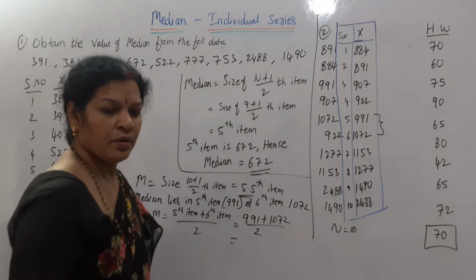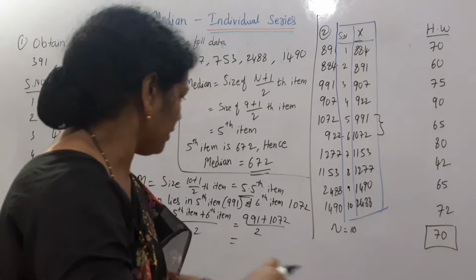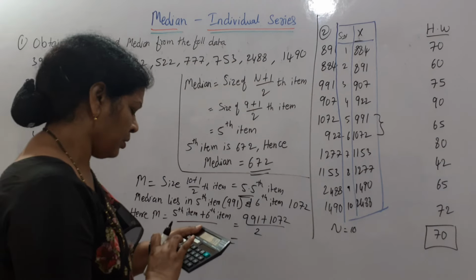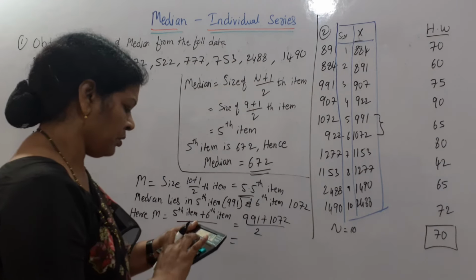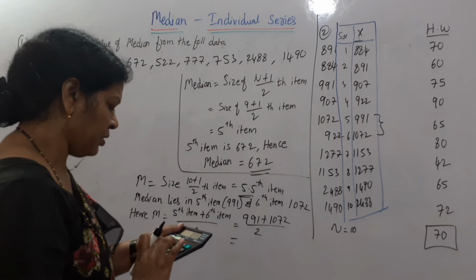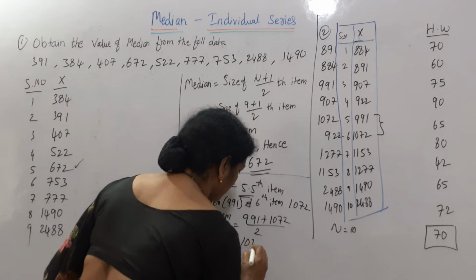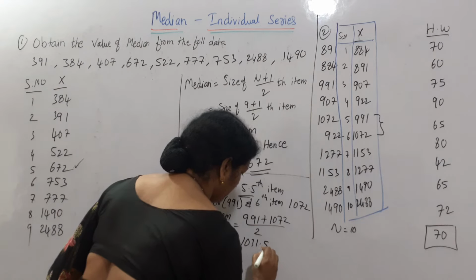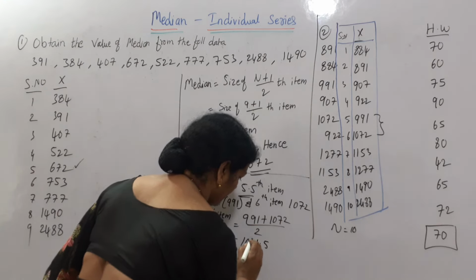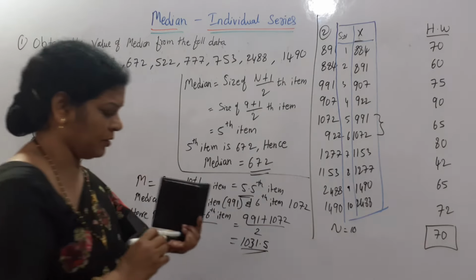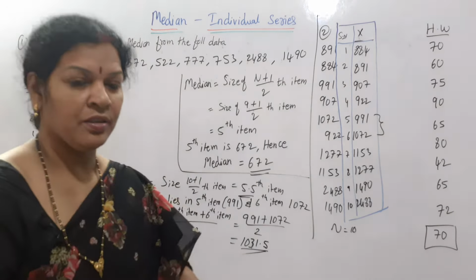We will use the calculator. 991 plus 1072 divided by 2. It is 1031.5. This is the answer. Am I clear?